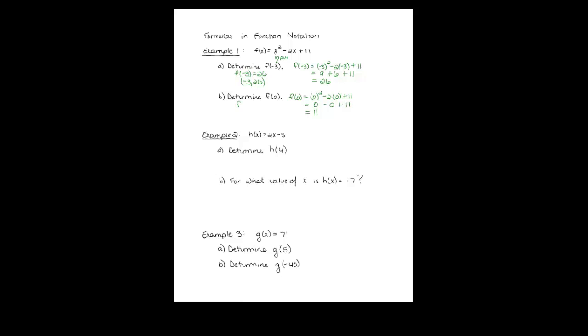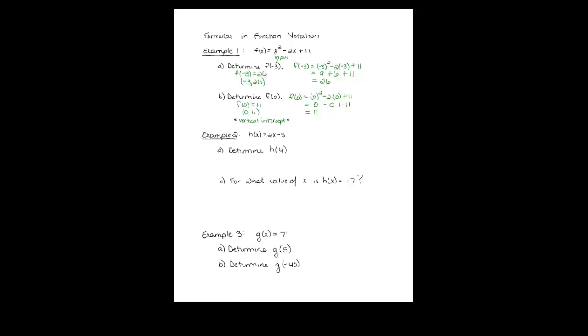So rewriting this in function notation, f of 0 equals 11. The ordered pair, the input is 0, the output is 11. Now it's worth noting here, this ordered pair is 0, 11, because that input value is 0. This is actually the vertical intercept of this function.